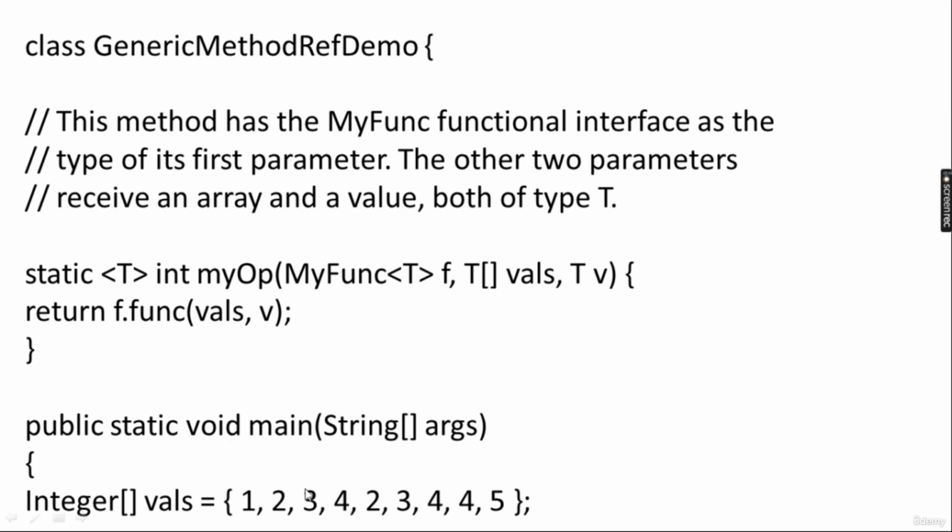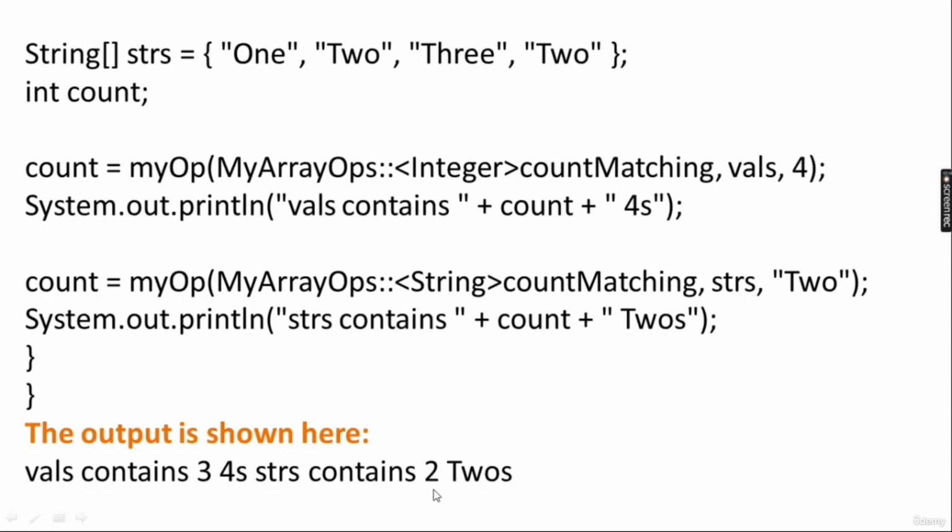Here we are passing the actual values on which we have to operate. Then the output shows that values contain count plus 4s, so however many times 4 is coming, that count will be displayed as the output.